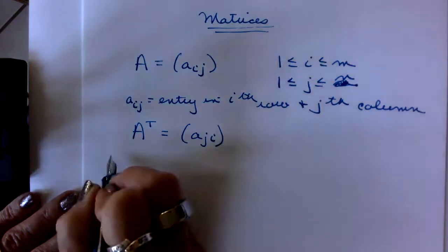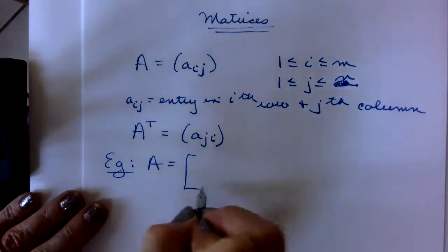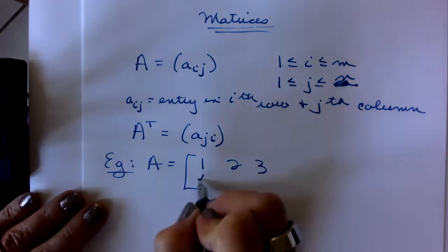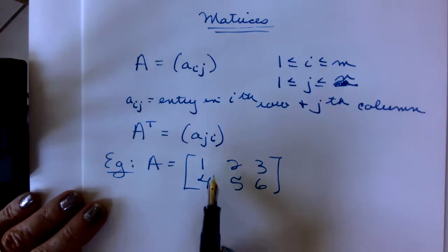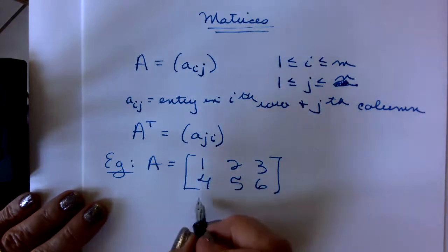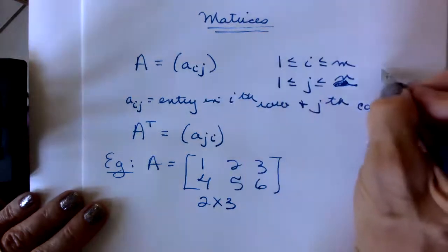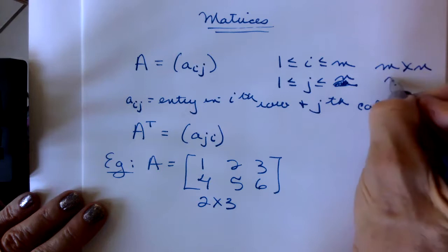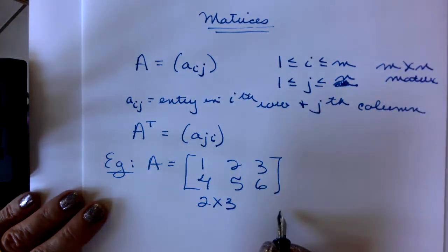For example, suppose we take A to be the matrix 1, 2, 3, 4, 5, 6. What's the size of this matrix? There are 2 rows and 3 columns, so it's a 2 by 3 matrix. Since i is denoting the row, this is an m by n matrix, and in my example, I have a 2 by 3 matrix.